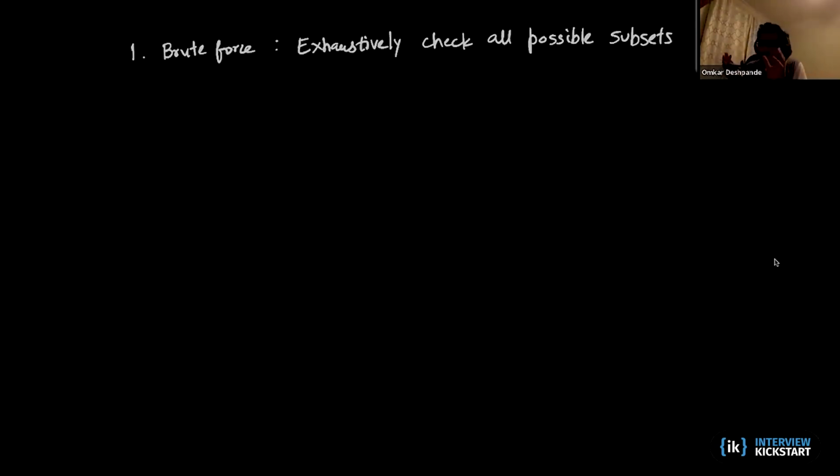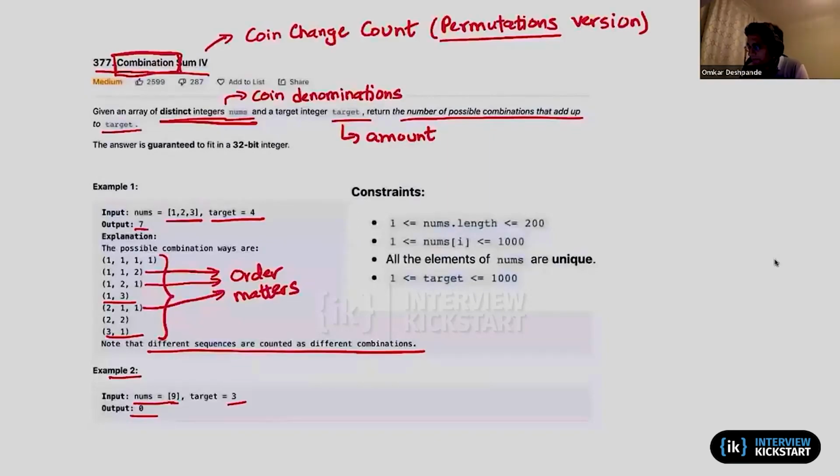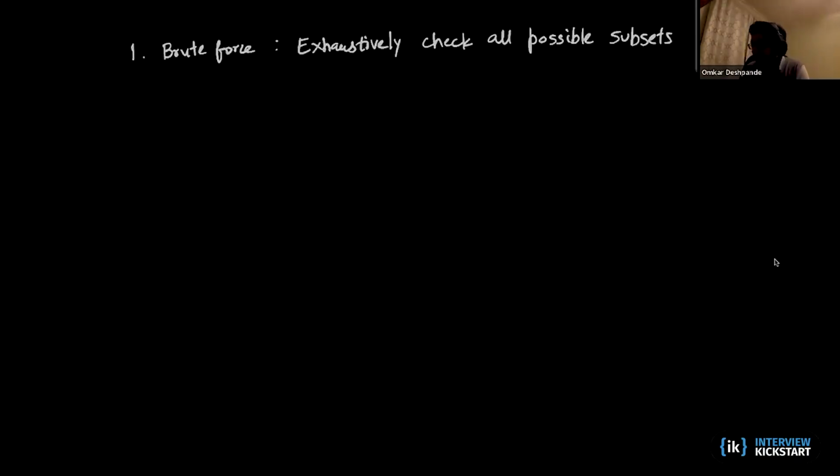So there, the word subset is literally meant like a subset, as in it either includes or excludes each of the numbers that you're given. So you can enumerate every single subset and check whether each subset adds up to the target. You can do something like that even here, which is to exhaustively try to construct all possible subsets, and see how many add up to the target.